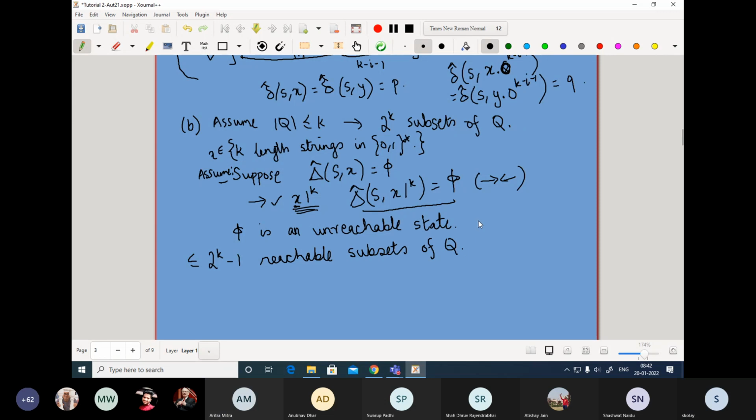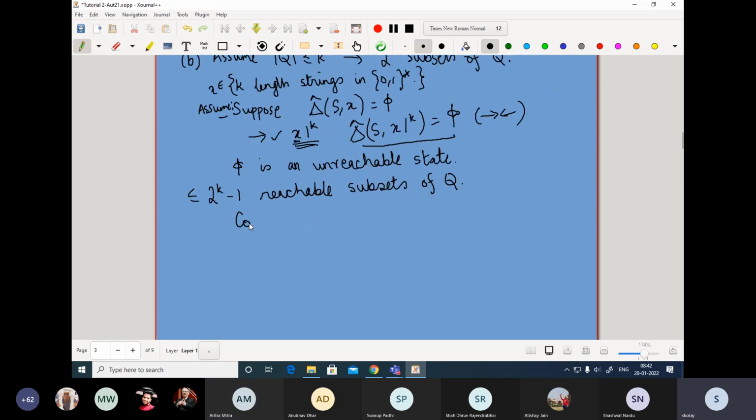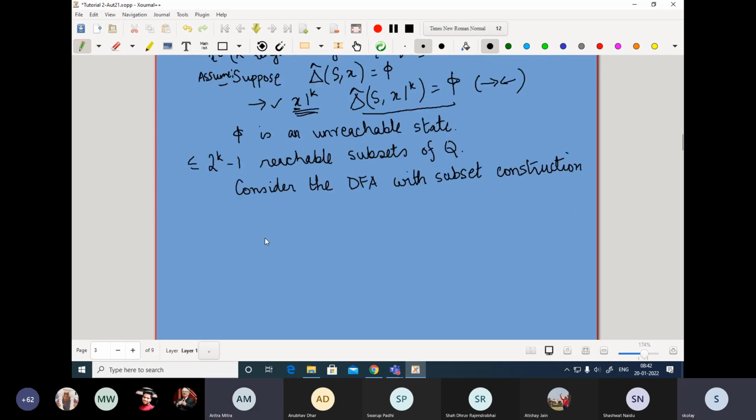Okay. So now you consider the DFA with subset construction. Or you can just directly, this is one way, or just directly, suppose I have two strings x and y such that delta hat sx is equal to delta hat sy is equal to, let's say, some subset s hat.